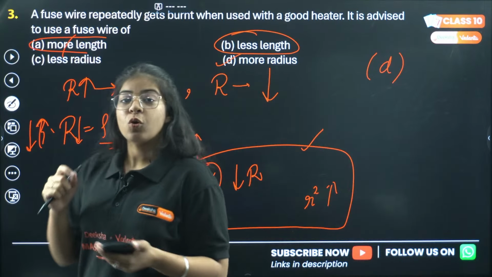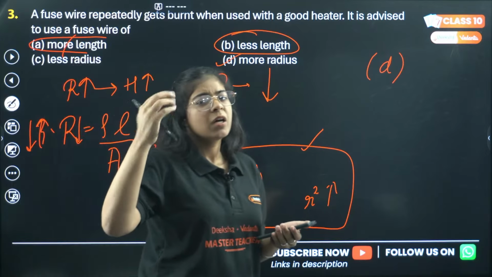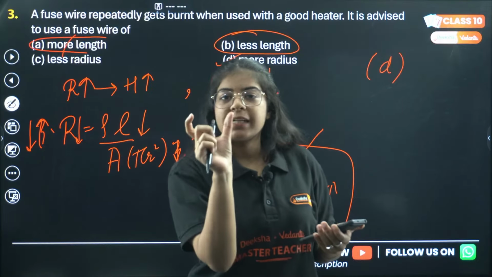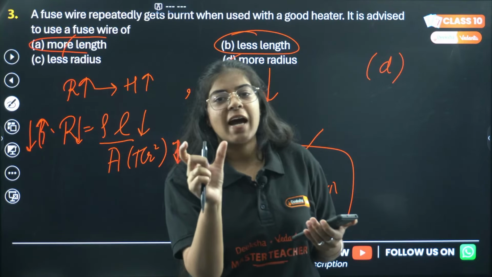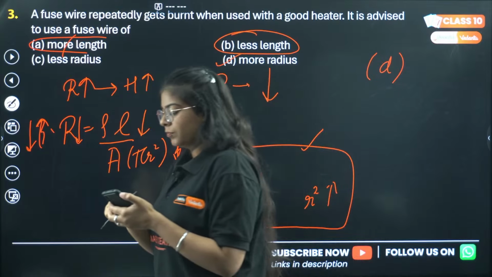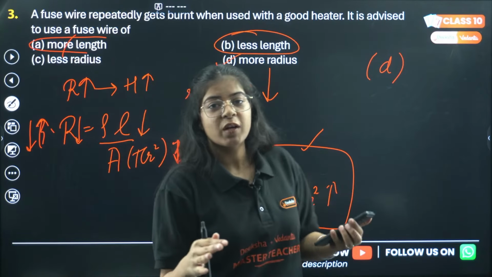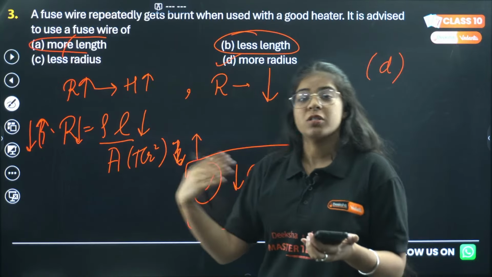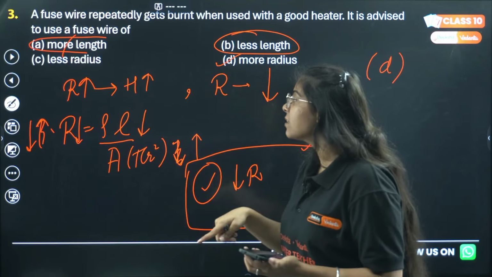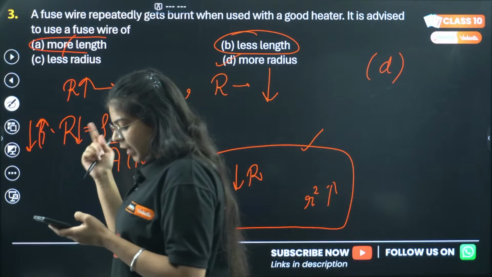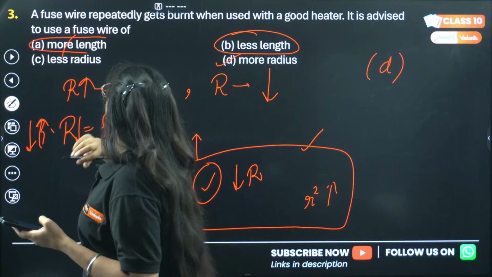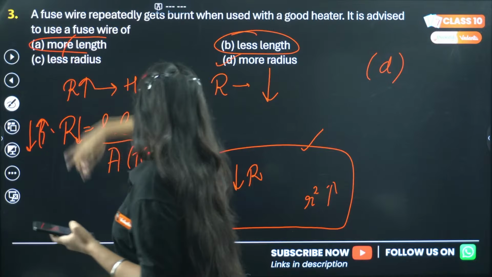But also use a little common sense: the wire will get heated very quickly. So our fuse will again get very heated very quickly even though length is less. Resistance should be less, but with less length it will heat very quickly, and we will not use less length.